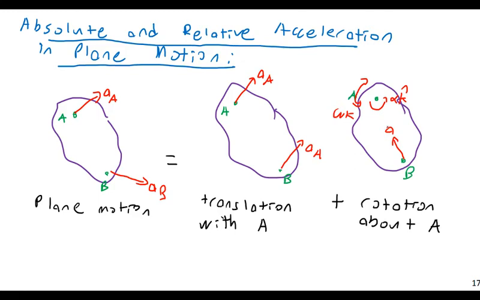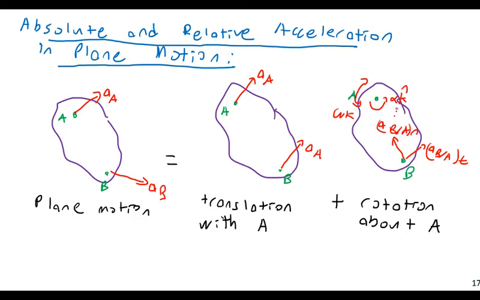Oh, yes, this would be A of B with respect to A tangential. And A of B with respect to A normal, or radial.